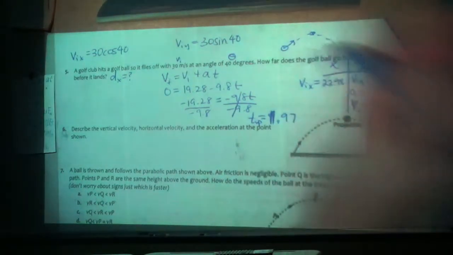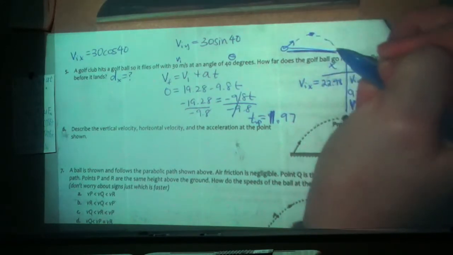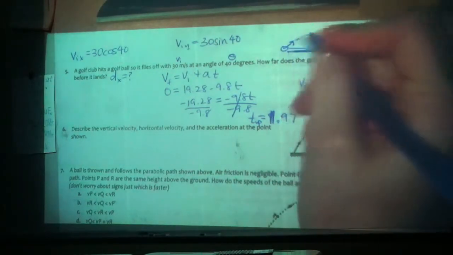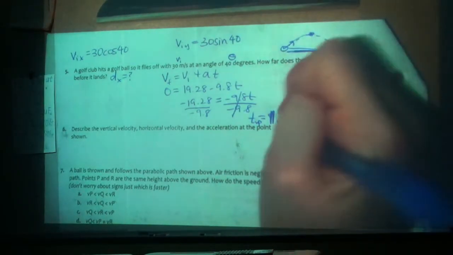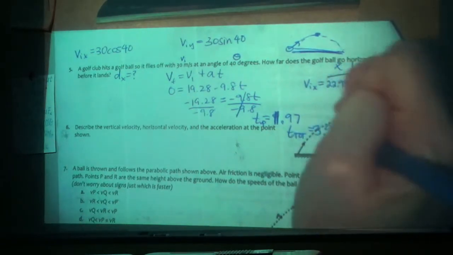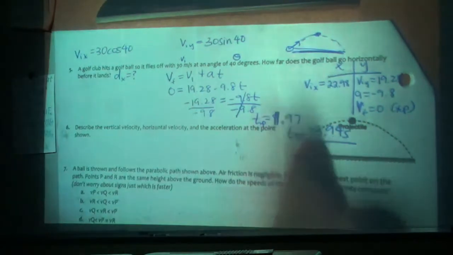When we are looking to find the x distance, you don't want to use just the time it takes to go to the top. You want the total time it's in the air. And to go from t up to t total, well, this is symmetric, so you just double the time. So t total is twice that, 3.94 seconds. And then looking for x distance, now that we have time, we're ready.